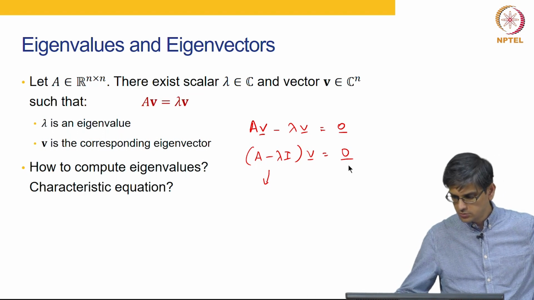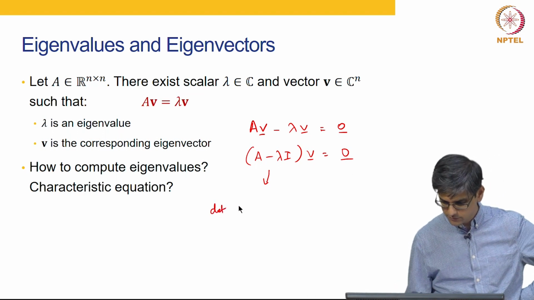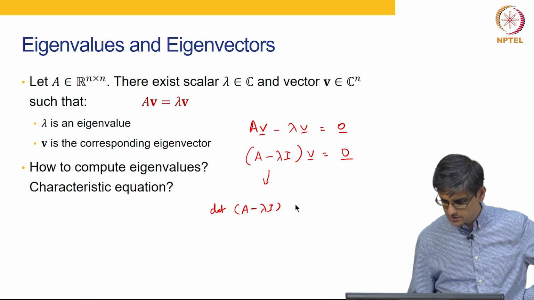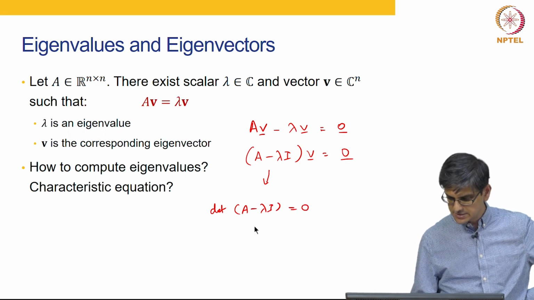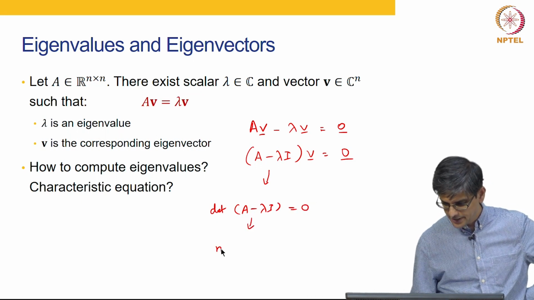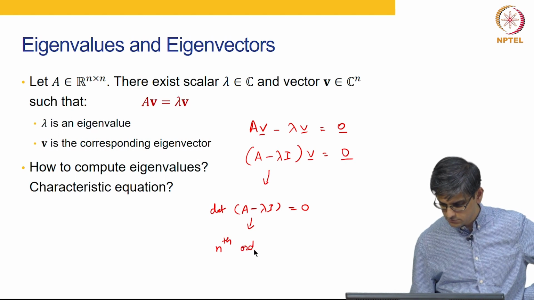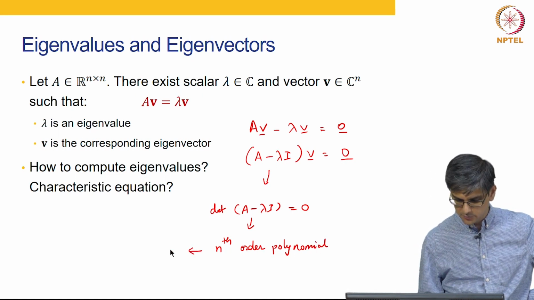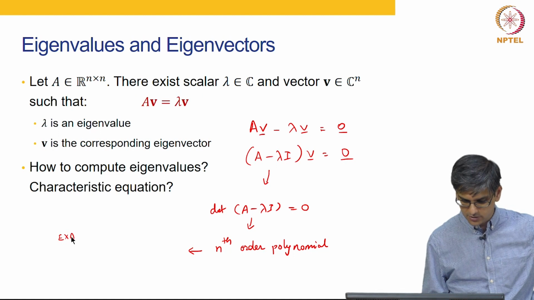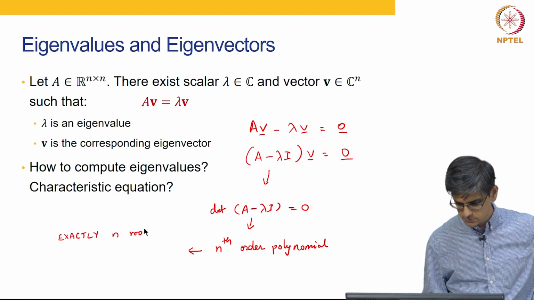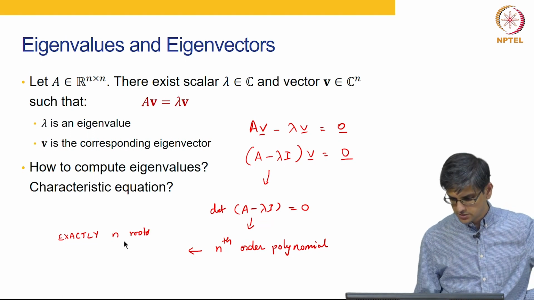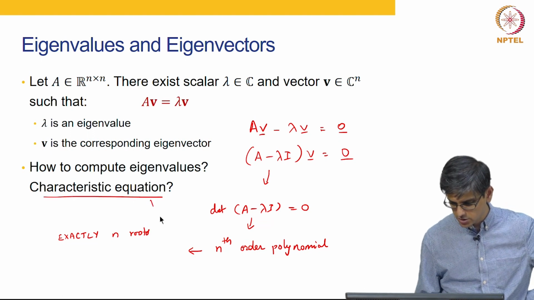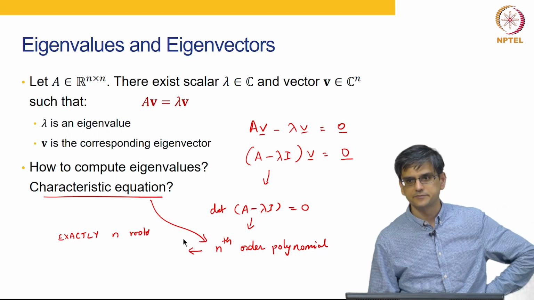So, the determinant of A minus lambda I equal to 0 will basically give you an nth order polynomial. This nth order polynomial will have exactly n roots. This nth order polynomial is called the characteristic equation.